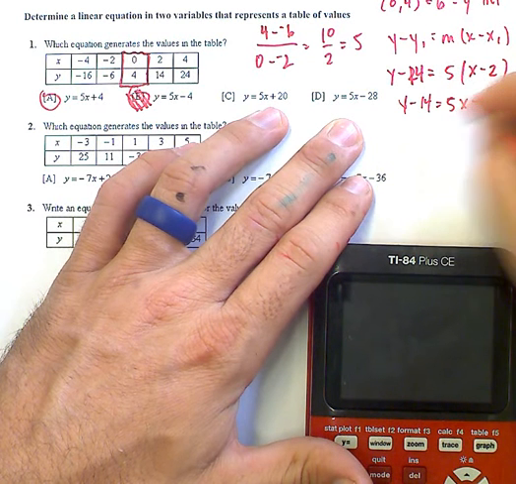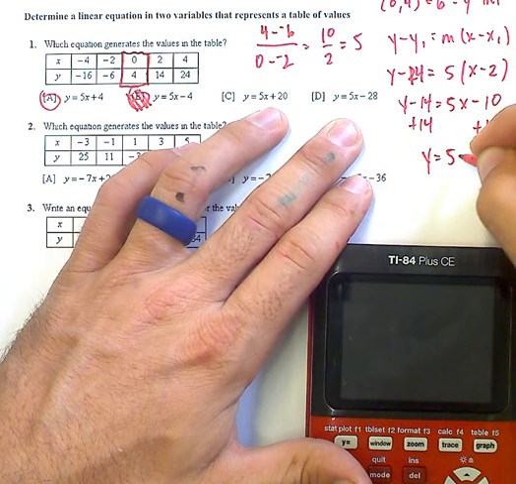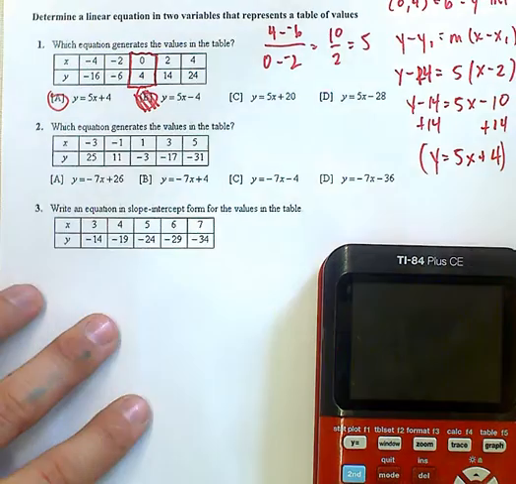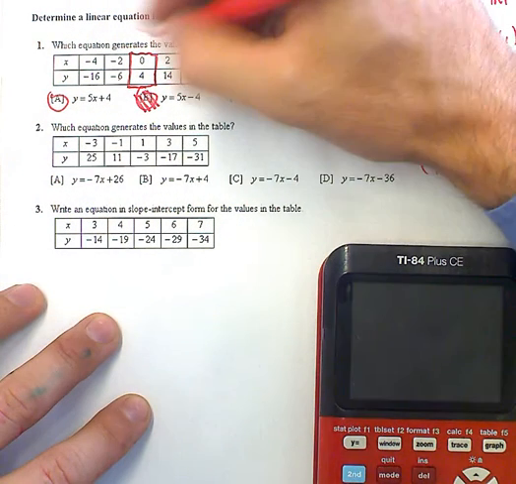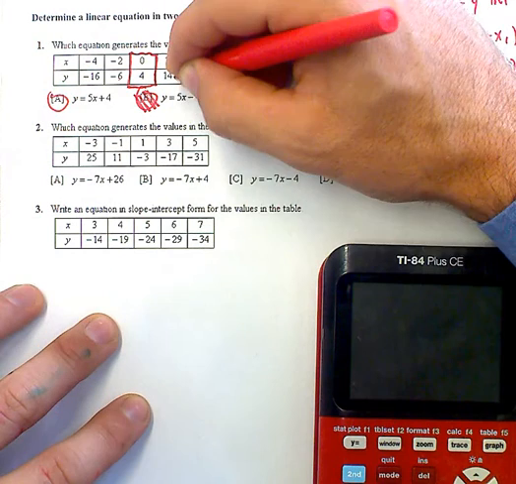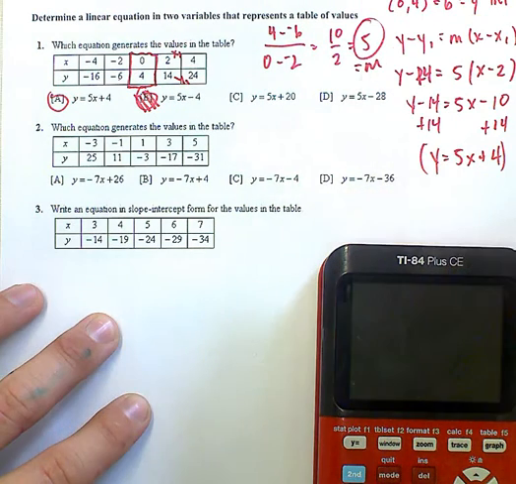Add 14, y is equal to 5x plus 4. Basically what I've done there is I've used this as my x1 and my y1, and I've used this as my slope, and I've used point-slope here.